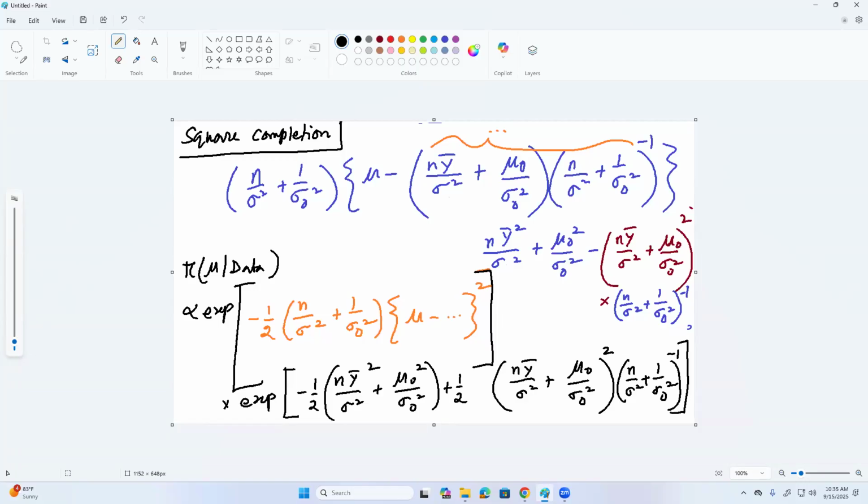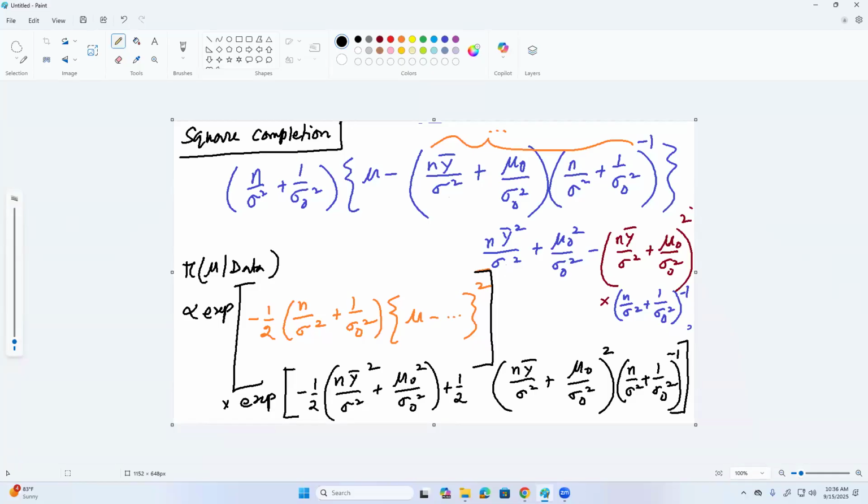Remember, in this first setup, mu is unknown, but sigma square, the population variance, is known. Sigma square known, everything else is known. And the prior parameters, they are called hyperparameters, such as sigma 0 square and mu sub 0. They are known prior parameters.